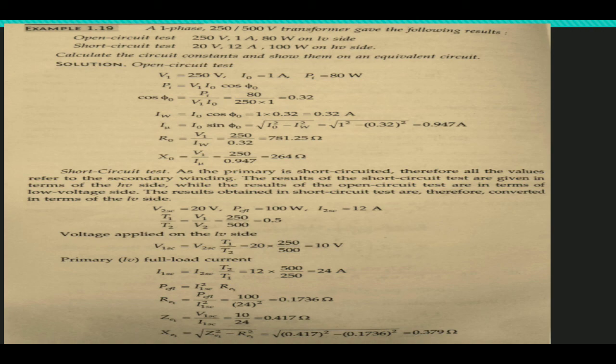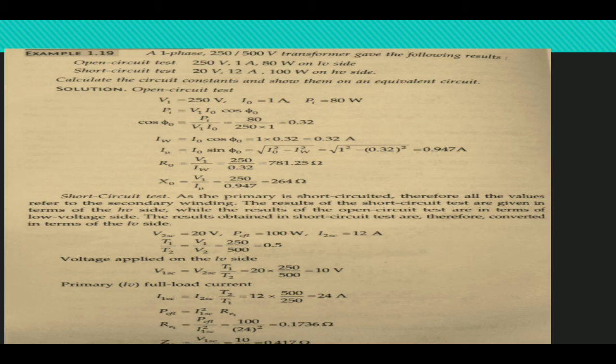Actually in this case the short circuit test is performed on the HV side. These values are measured on the HV side, not the LV side. The HV side is connected with the supply and the LV side is short circuited in the short circuit test, so these instruments are on the HV side.